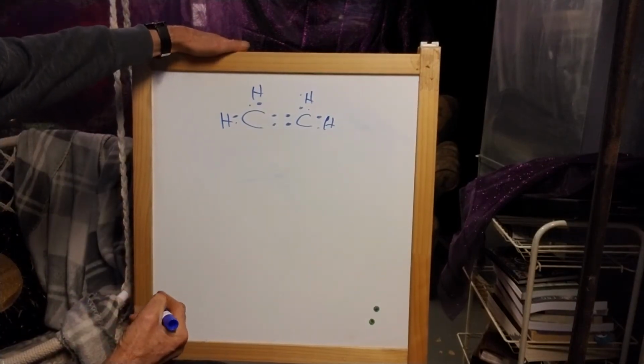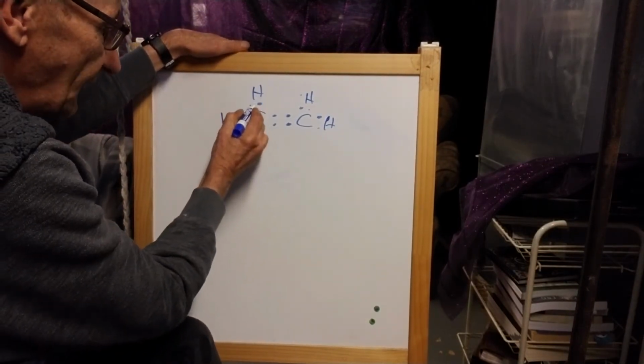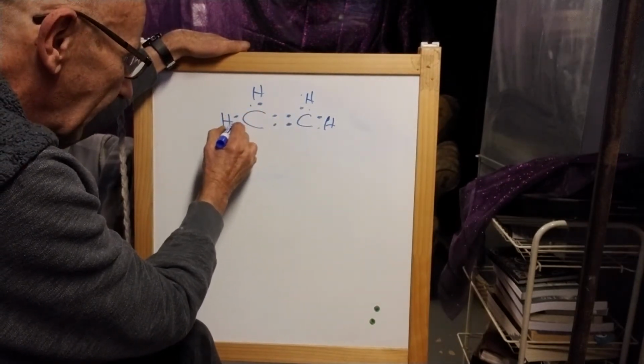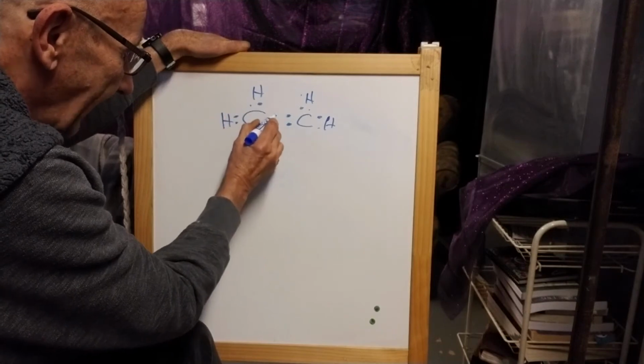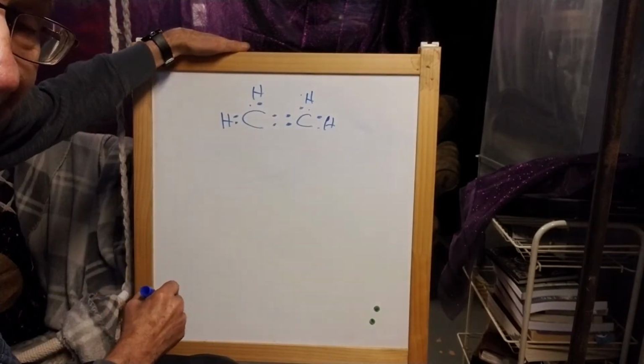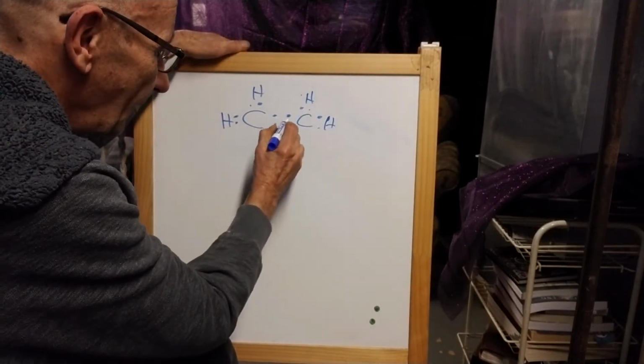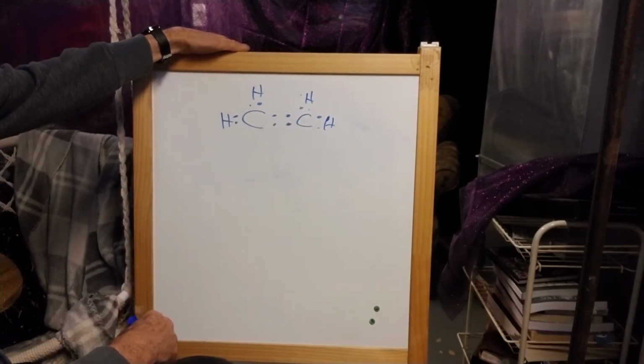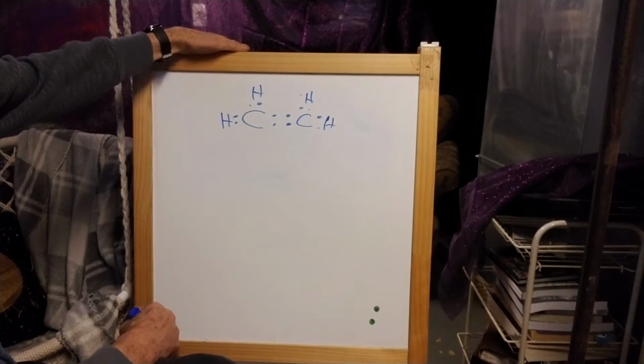Is everything satisfied? Well, all the hydrogens have 2. And all the carbons have 8. 1, 2, 3, 4, 5, 6, 7, 8. This carbon has 1, 2, 3, 4, 5, 6, 7, 8. This is ethene.